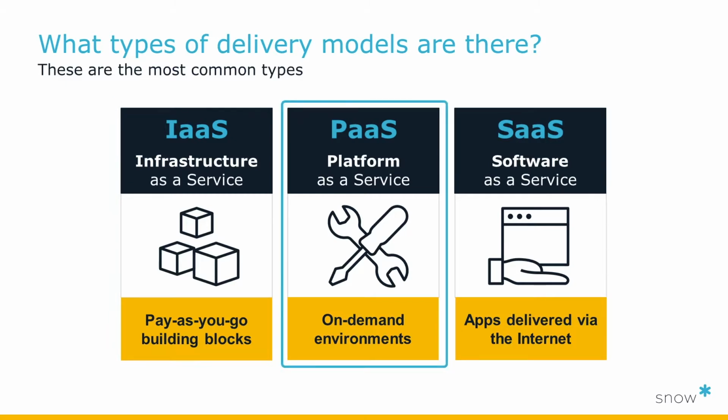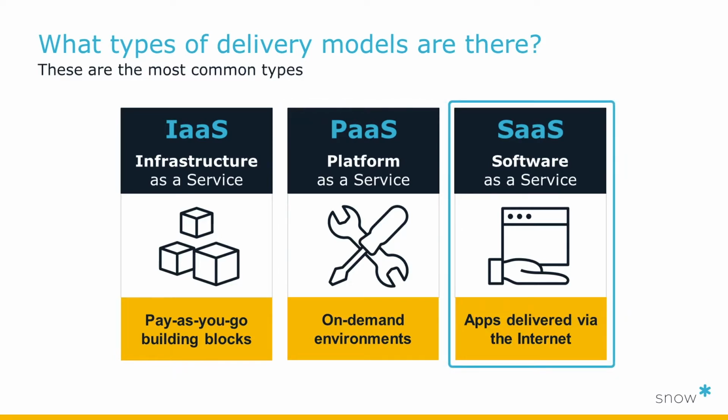PaaS, or platform as a service, is on-demand access to really complete, ready-to-use cloud-hosted platforms for developing or running or managing applications. PaaS is really designed to make it easier for developers to quickly create applications without worrying about setting up or managing the underlying infrastructure like servers and storage, etc.